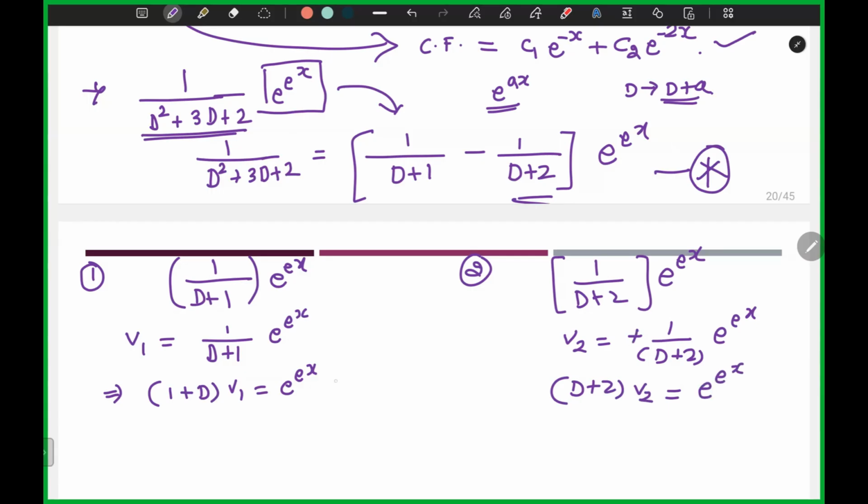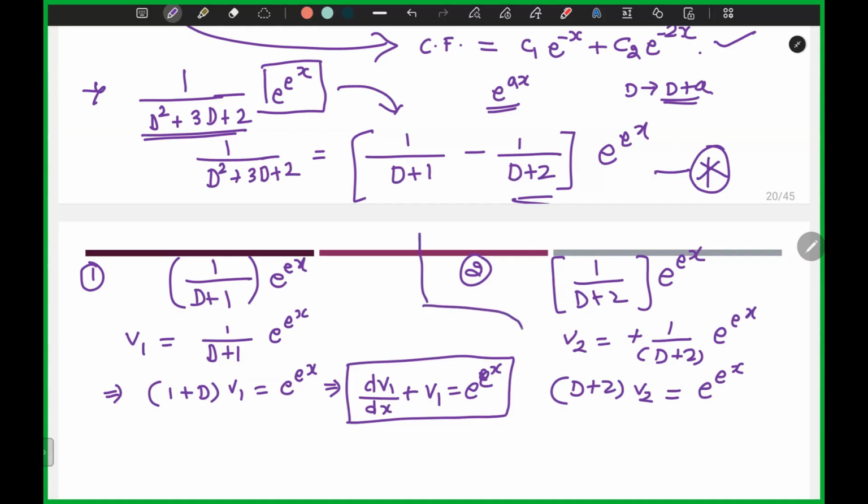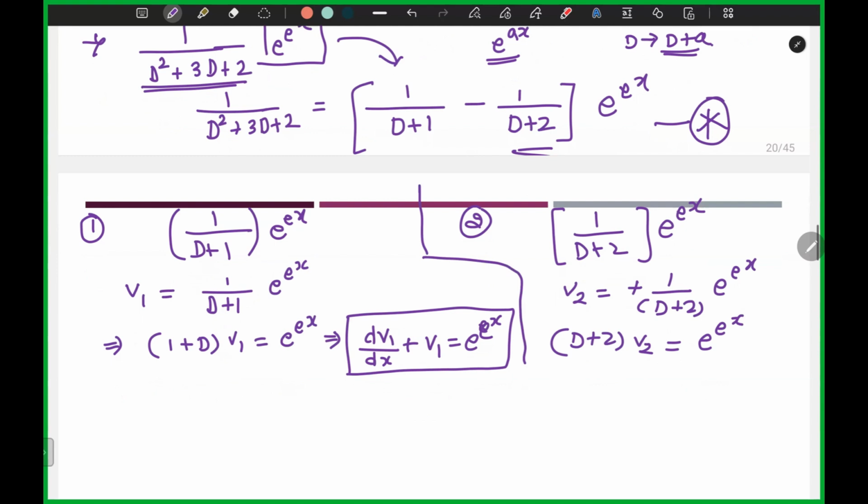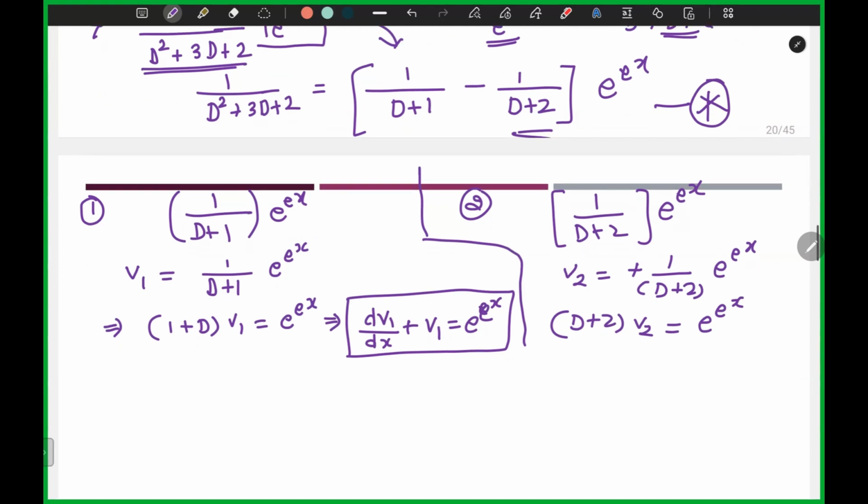So what is this? This is dv1 by dx plus v1 equals e to the power x. Correct? You can find the integrating factor here. It is a linear differential equation.